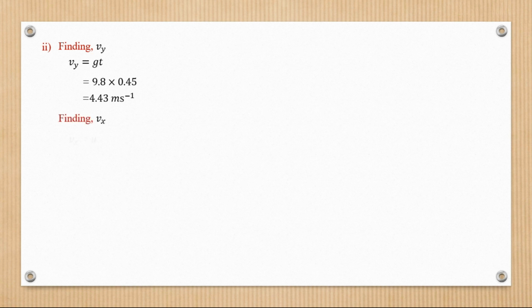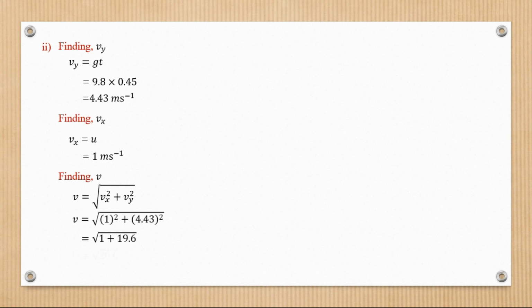Next we have to find Vx. Vx is equal to u, of which u is 1 meter per second. Then for finding v, as usual, it is the square root of vx squared plus vy squared, so we have the square root of 20.06, which is 4.54 meters per second.